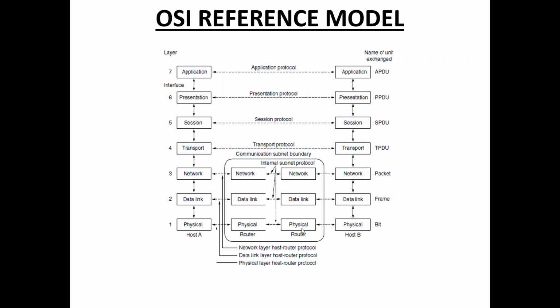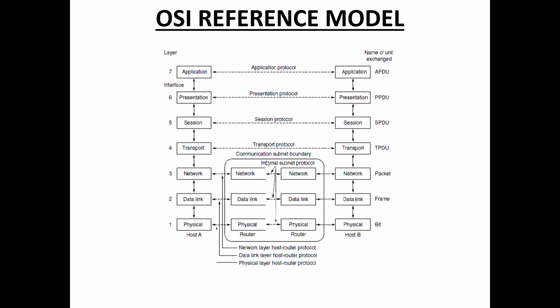This communication is via a network of intermediate systems through only 3 layers: physical layer, data link layer, and network layer.